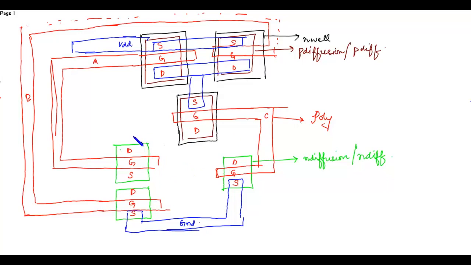Now the three drains are shorted. Here it looks very untidy, but when you draw the layout, you have the specific width, so the design will be much clearer and neater. Then the source is connected with this drain.